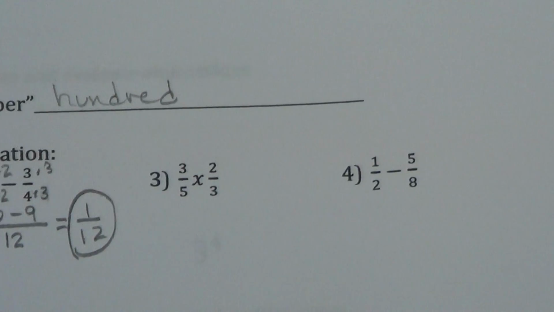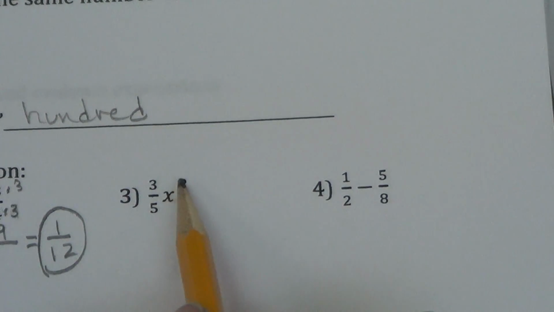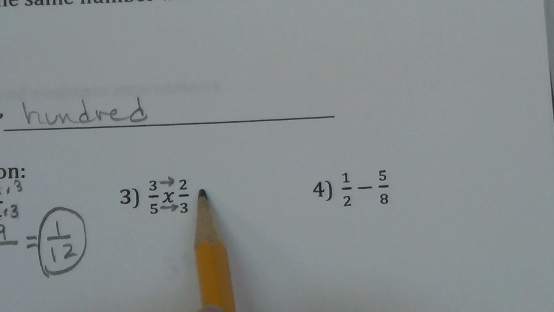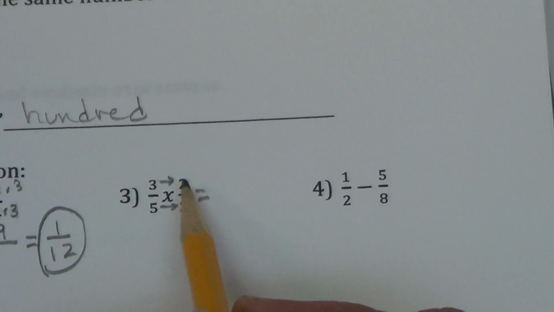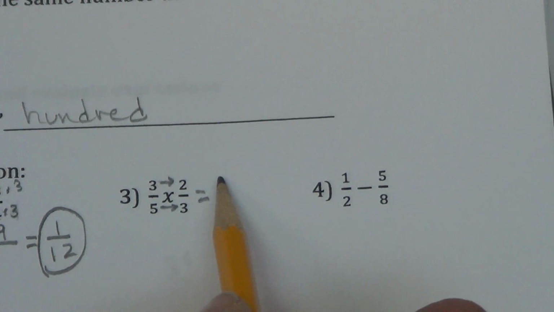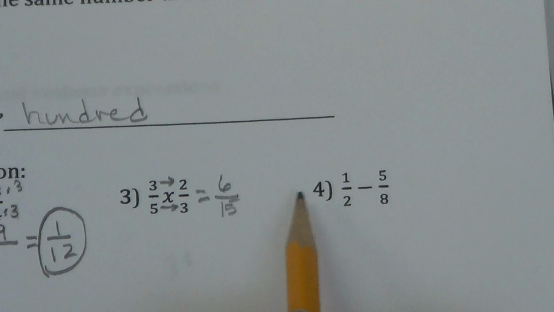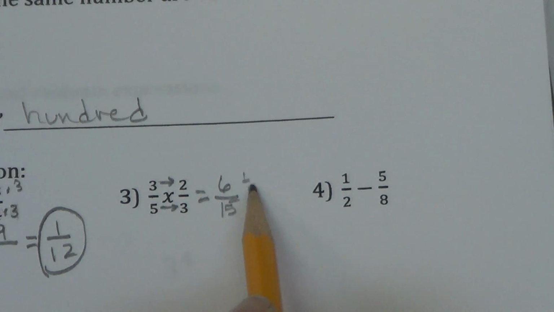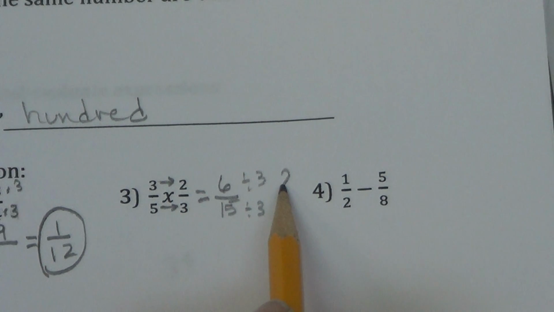Okay? The next one is multiply. With multiply, we just multiply straight. You are allowed to reduce this one if you'd like, but let me show you multiplying straight. You'd have 6 over 15, and then you would divide by 3 on the top and bottom to reduce it, and you would get 2 over 5.